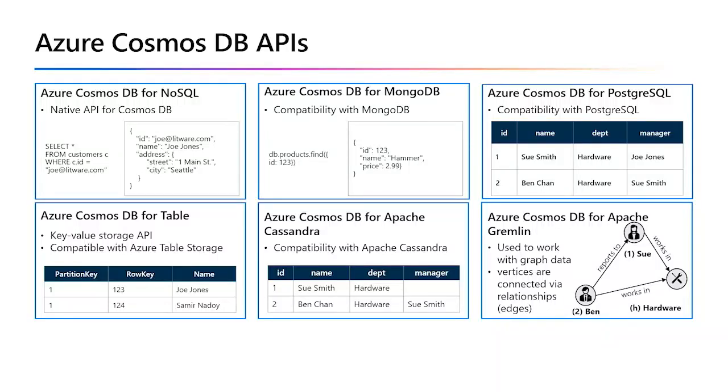Then we have Azure Cosmos DB for PostgreSQL. This one is like your librarian who keeps everything perfectly categorized and organized. PostgreSQL is a relational database wizard giving you the structure and organization you need to store data neatly, just like how a librarian knows exactly where every book belongs.